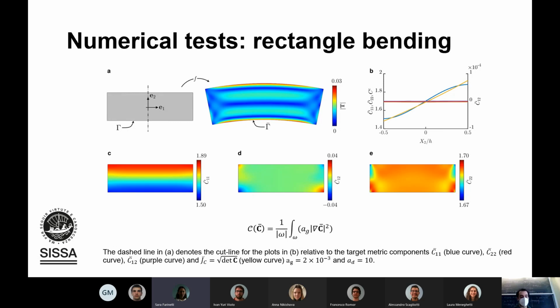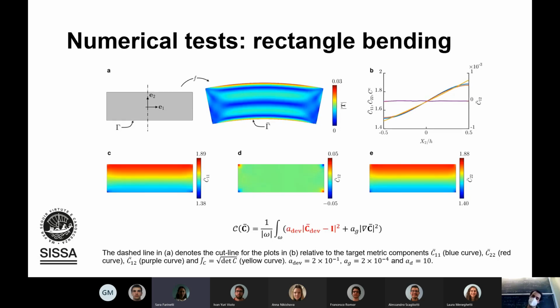Then we also tested, as I said, with different functions. So we take the functional before, and we add this term in red. This term, C bar dev, is the deviatoric part of C bar. So in this case, we are penalizing this quantity, which means that this quantity is 0 whenever C is alpha times the identity.